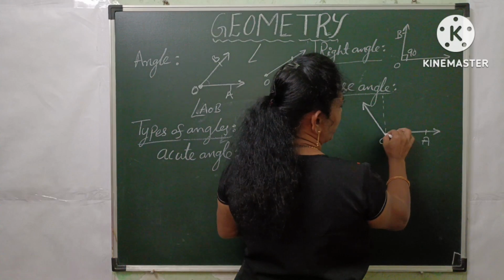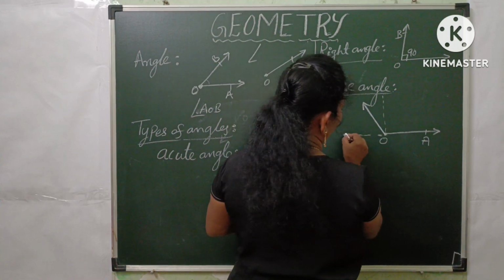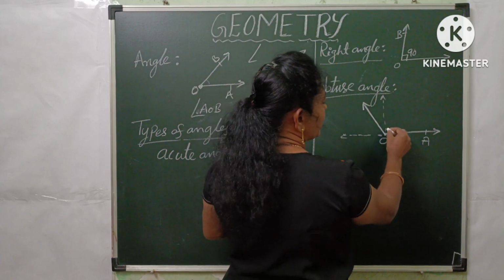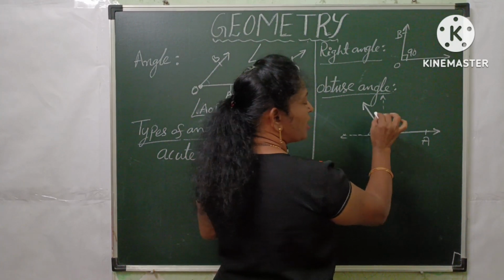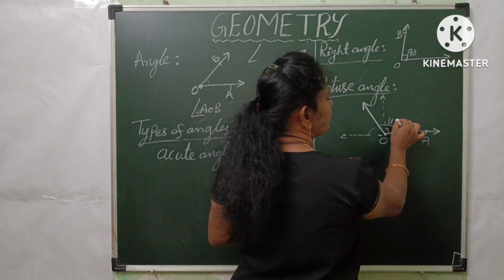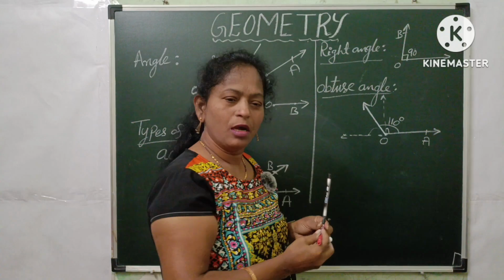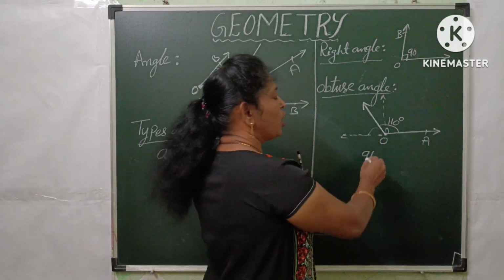Up to here it is 90 degrees. This is the straight angle. This is a 90 degrees angle. Here more than 90 and less than 180 degrees is called an obtuse angle. Suppose this is 110 degrees, 110 degrees is an obtuse angle. That means 91 is also an obtuse angle.